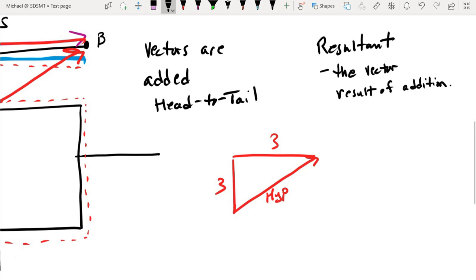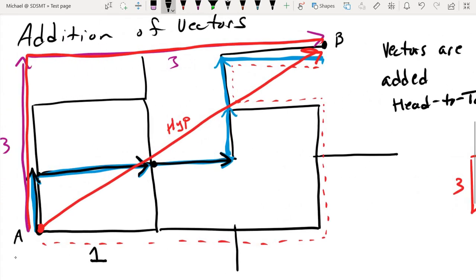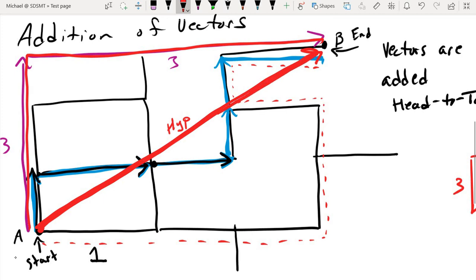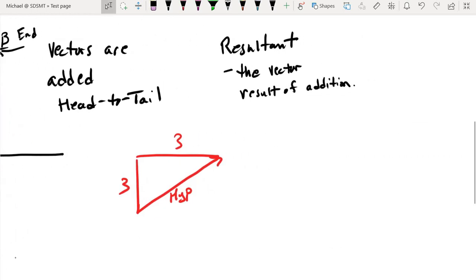So when we add vectors together, the resultant will be drawn from our starting point, so we started right there at point A, to our endpoint, point B. And we draw our resultant between points A and B. So this line right here, this is the result of adding together all of those individual vectors that we used in traveling from point A to point B.